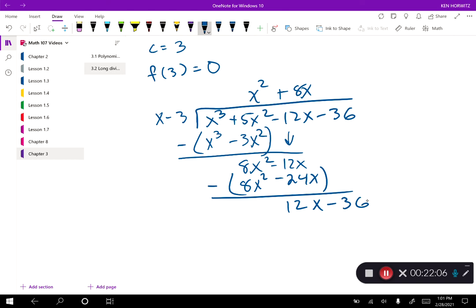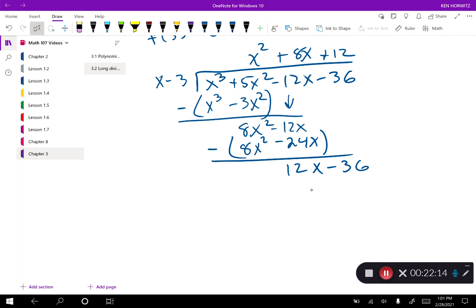And then I say x goes into 12x, positive 12 times, and I'm going to scroll up so I can write the rest. 12x minus 36, and when I subtract, I wind up with 0 as a remainder. Therefore, the answer to the question, is x minus 3 a factor, is yes.